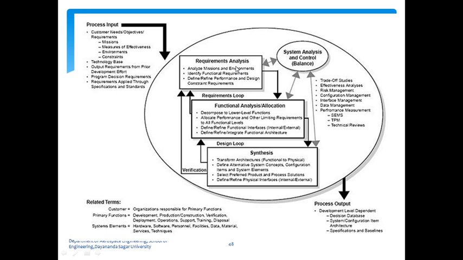Basically, in the requirements, there will be mission requirements. There will be requirements from the environments, and functional requirements. I have already mentioned: functional requirements, performance requirements, safety requirements, all those will be there.